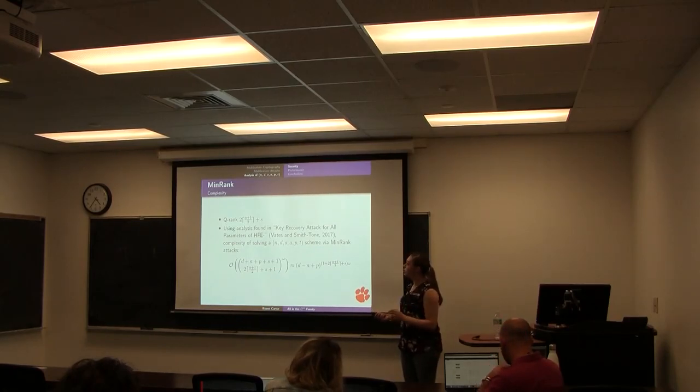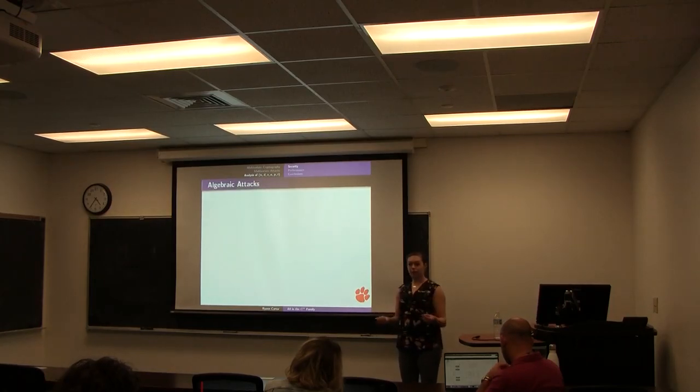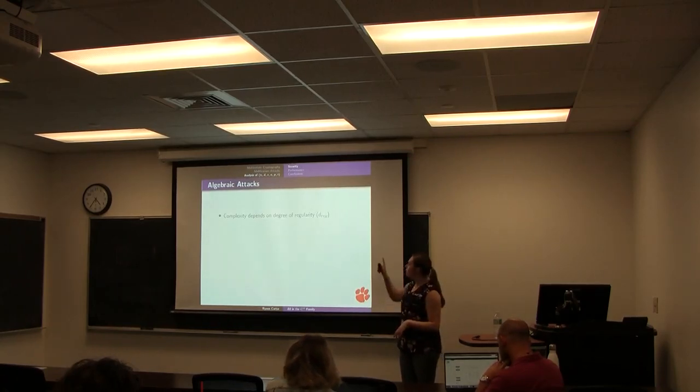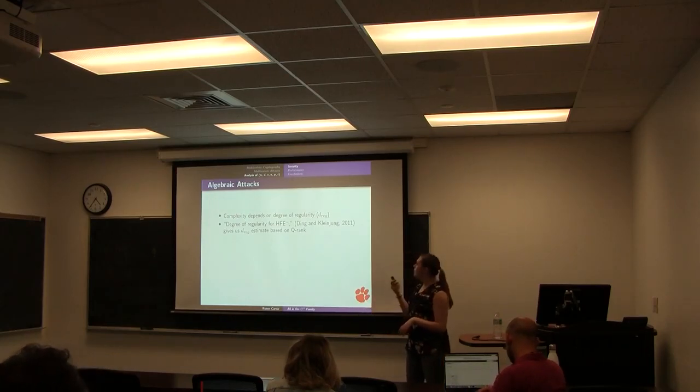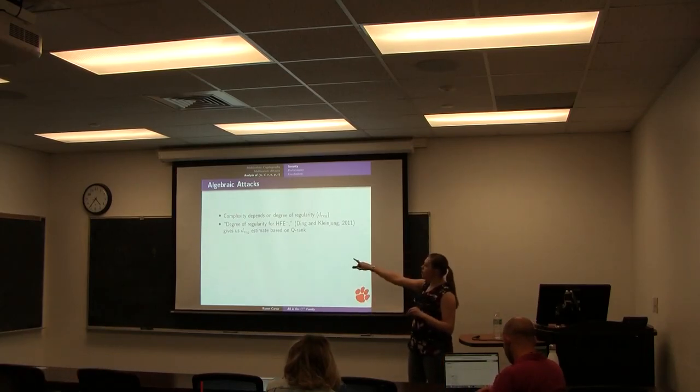And then we still have our algebraic attacks. Remember, I told you that when we have those algebraic attacks, we're going to be looking at trying to solve it with Gröbner bases. And so the complexity is going to depend on the degree of regularity. Fortunately for us, we have a bound on the degree of regularity based on the Q rank.